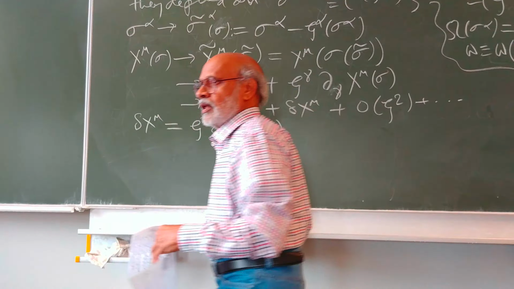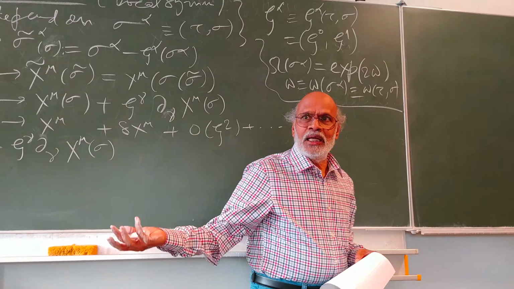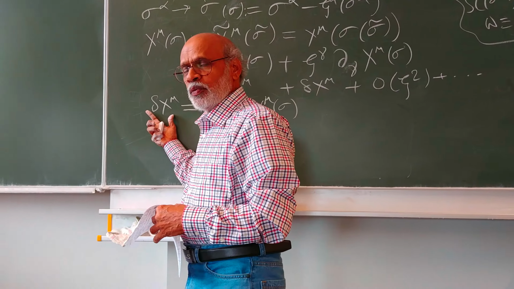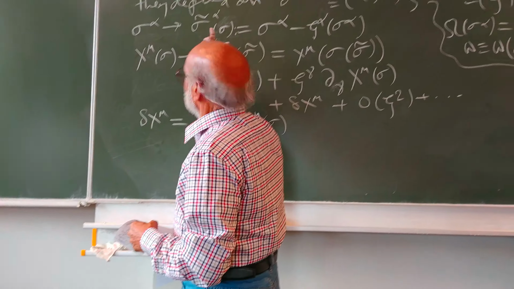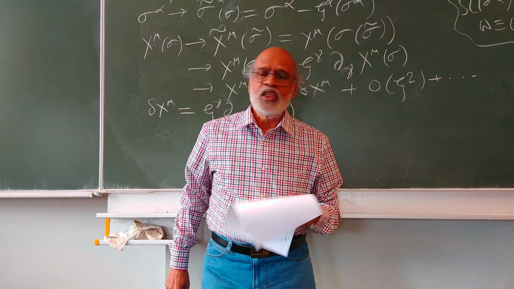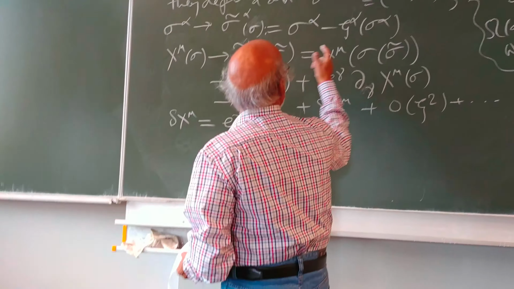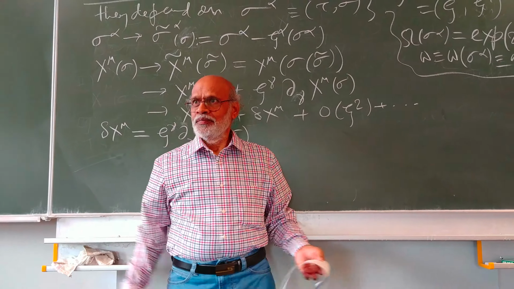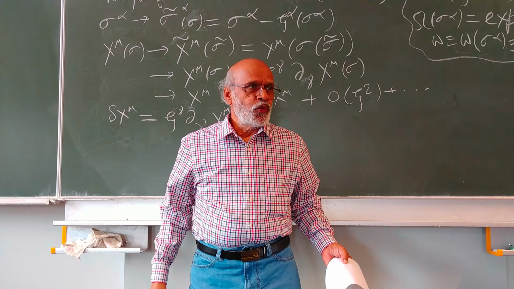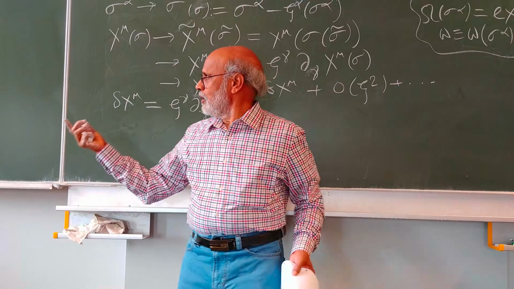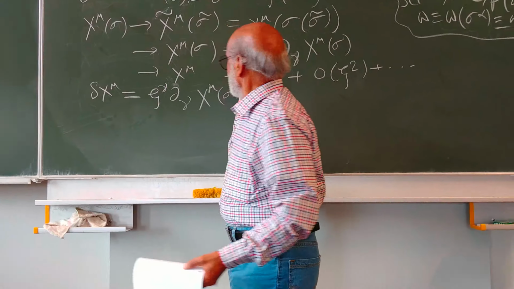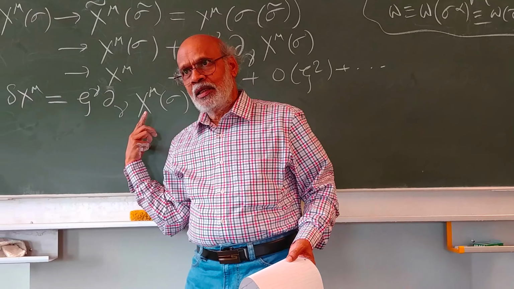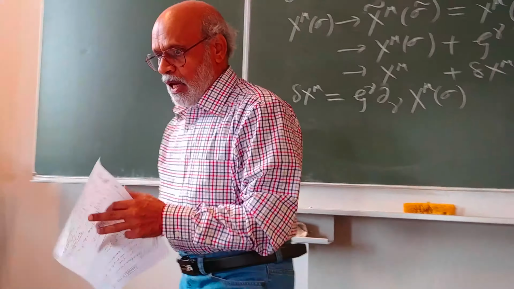This is a result of the change in x mu because of this reparameterization, sigma going to sigma tilde. So if sigma goes to sigma tilde, x mu goes to x mu plus delta x mu, where delta x mu is given by this.